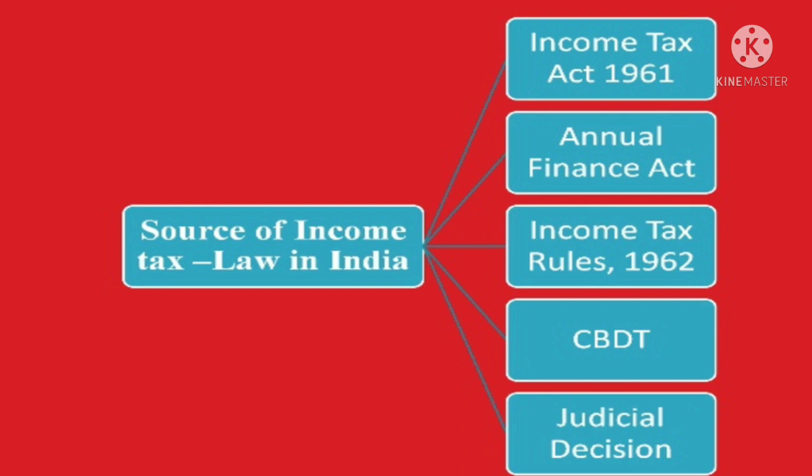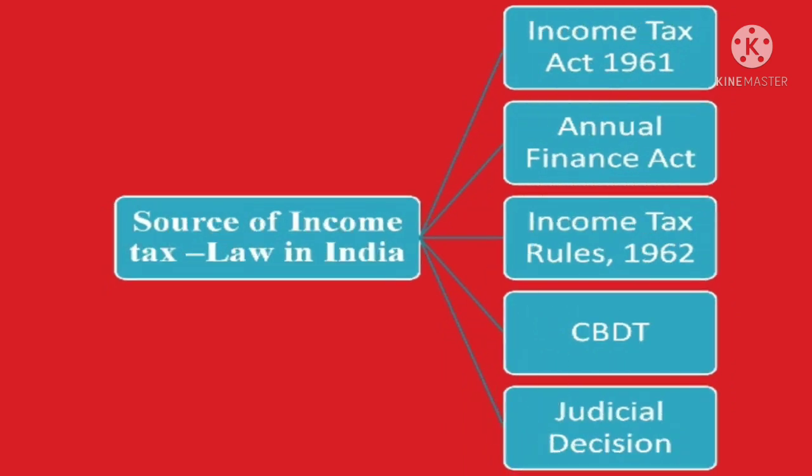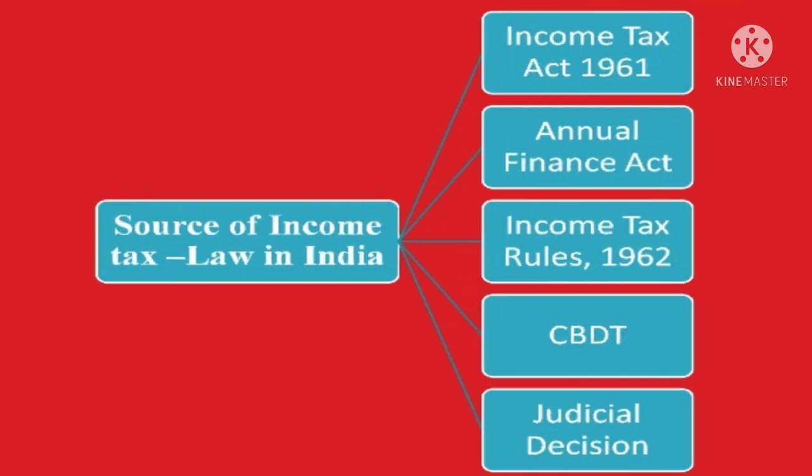The first and foremost thing is the Income Tax Act 1961. That is, the income tax authority should perform the functions only as specified by the Act. Along with this, the other factors to be considered are the Annual Finance Act, Income Tax Rules 1962, then the clarifications and circulars by CBDT, and the judicial decisions.